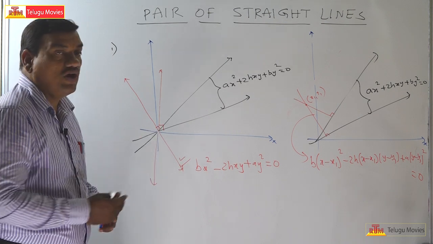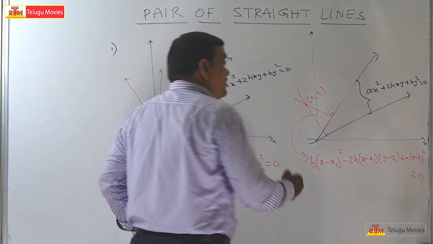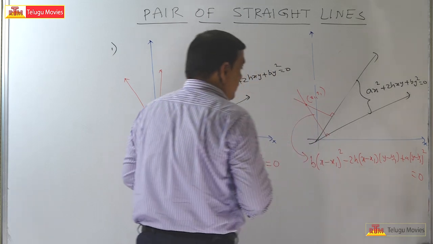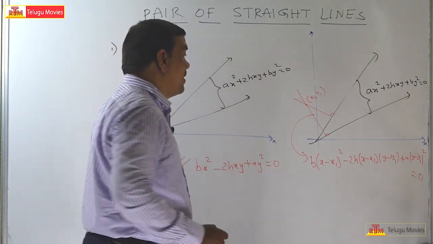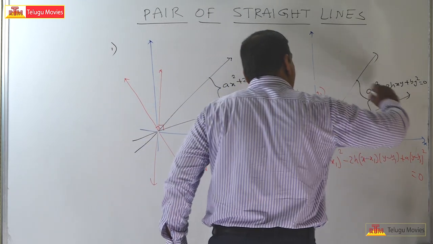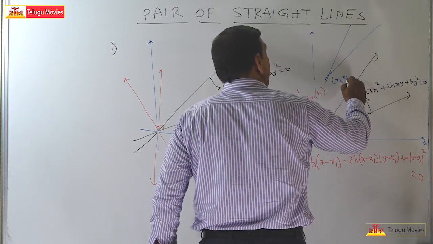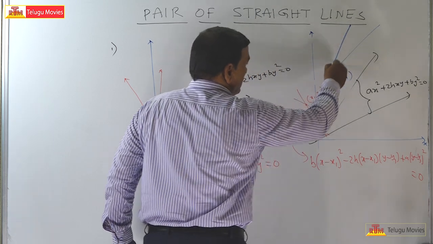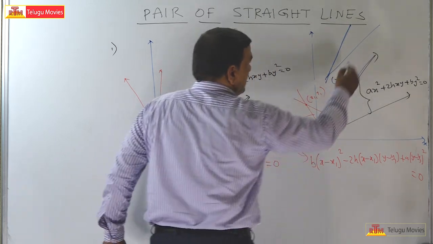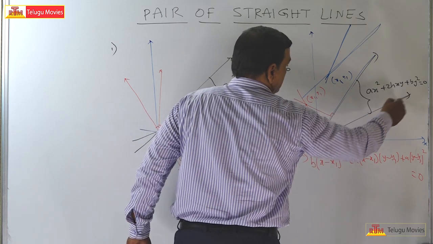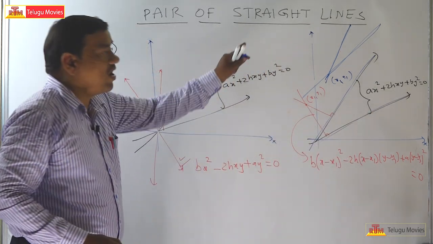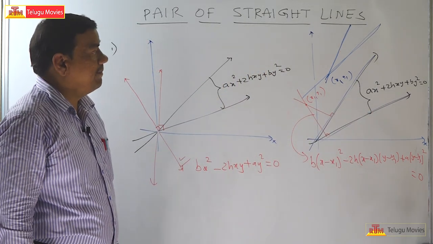So next what we are going to see is, if there are any two lines parallel to these lines, and they are passing through x1 comma y1, that means the first line is parallel to the given first line and the second line is parallel to the second line. Then what will be the equation of the pair of lines?